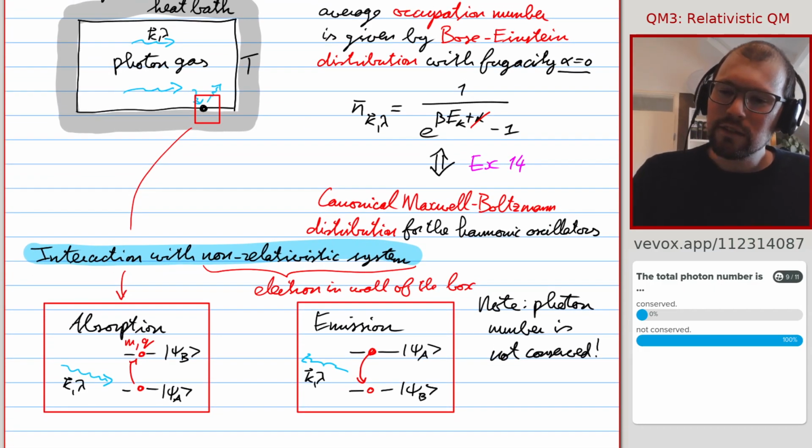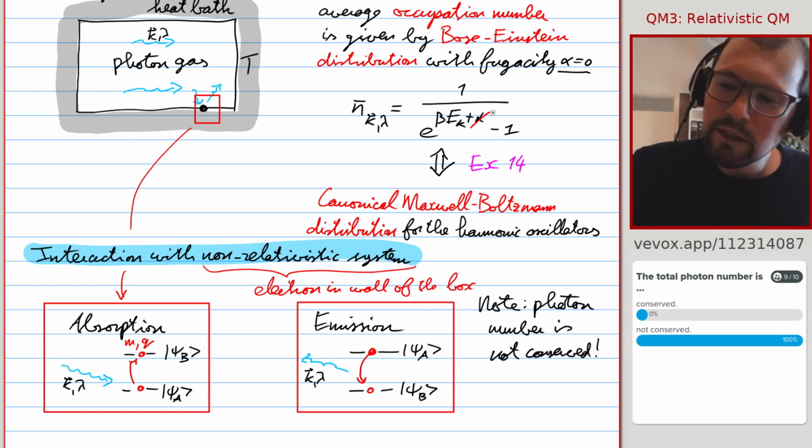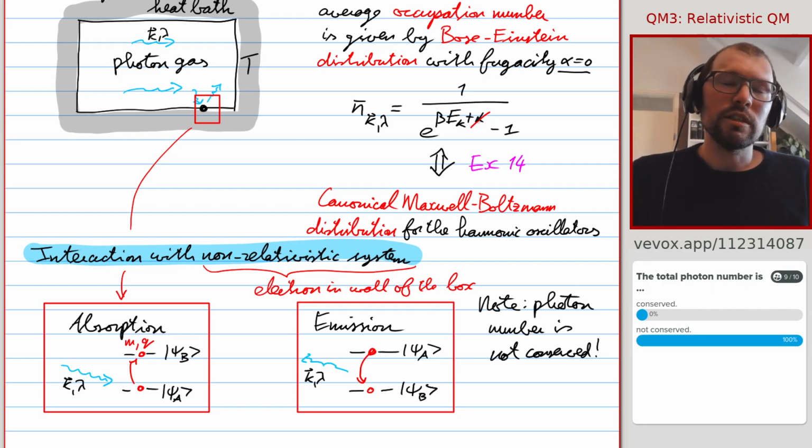So the fact that the gas itself can adjust its number of photons by itself means that we can just put the fugacity equal to 0.